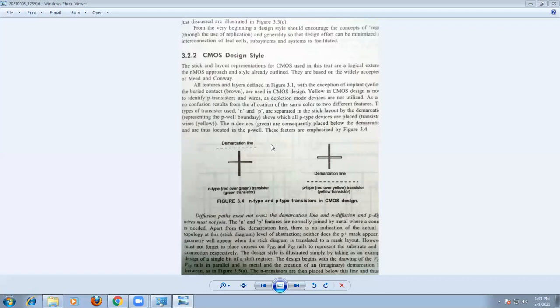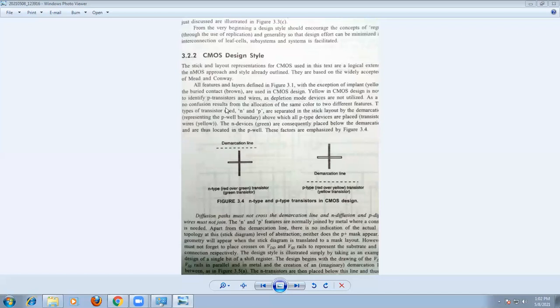That means we can call it a demarcation line. The color for this demarcation line is brown color. So this is the boundary between PMOS and NMOS.